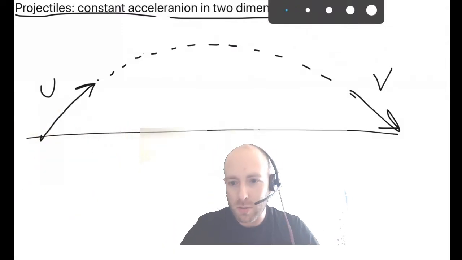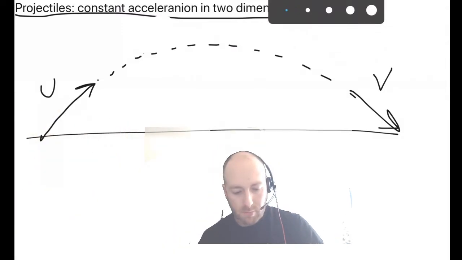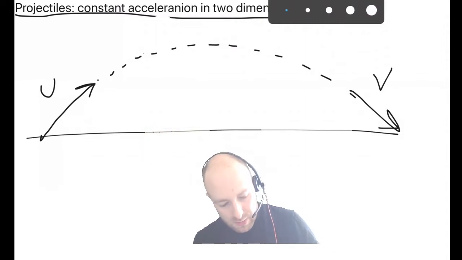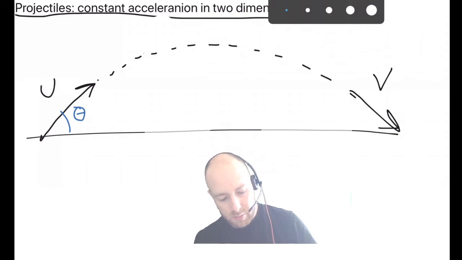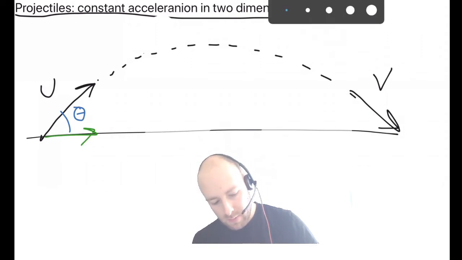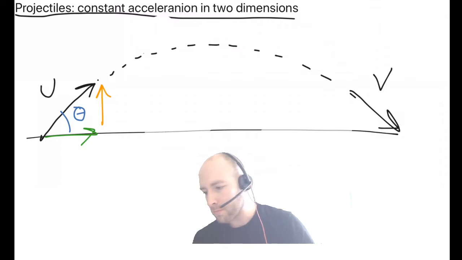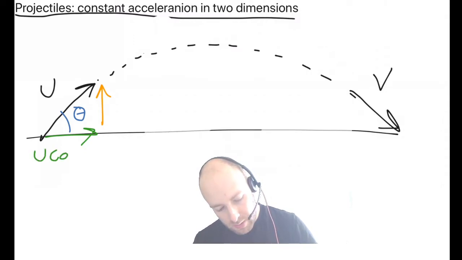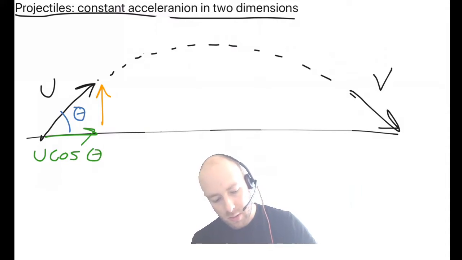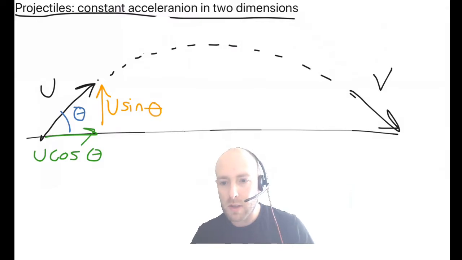That's so hard to do in mirror. So we'll label this angle theta, and then we'll have horizontal and vertical. Horizontal is going to be u cos theta, and vertical is going to be u sine theta.